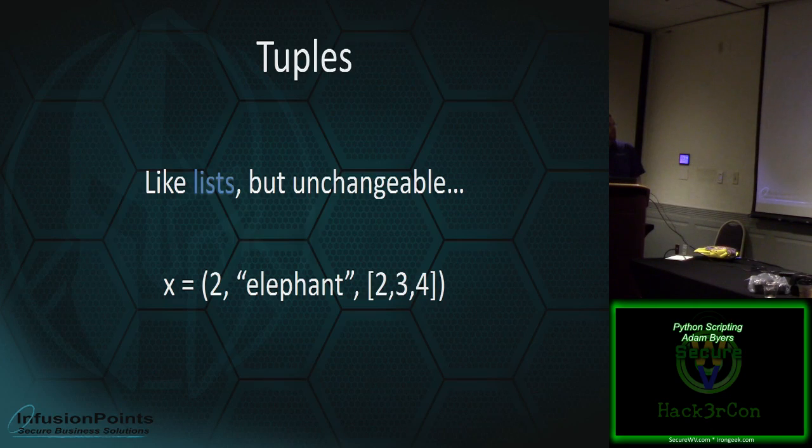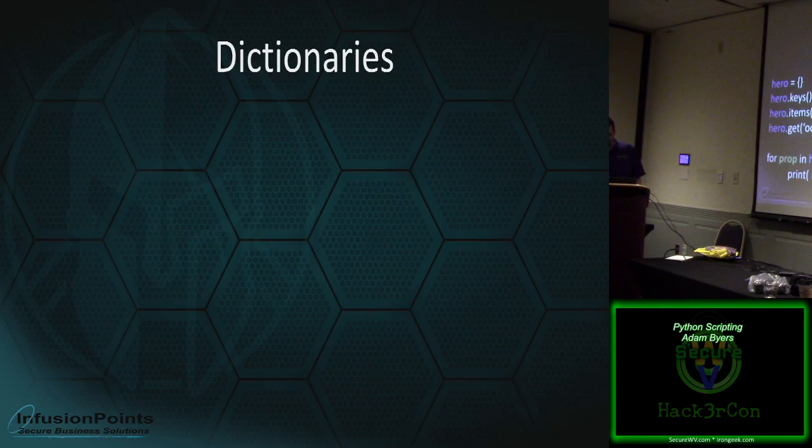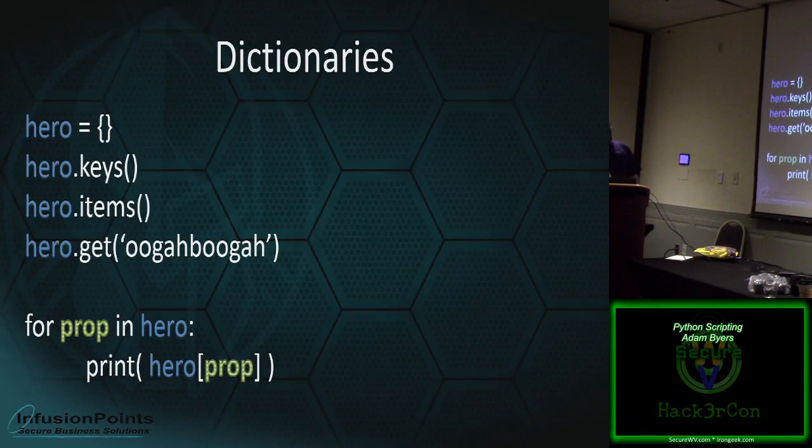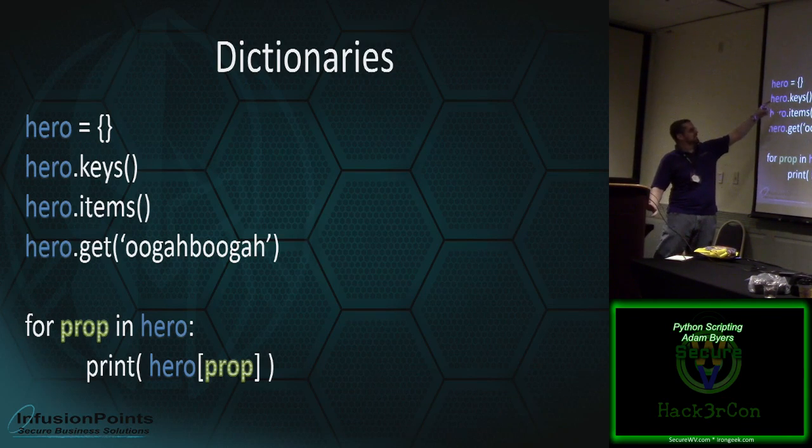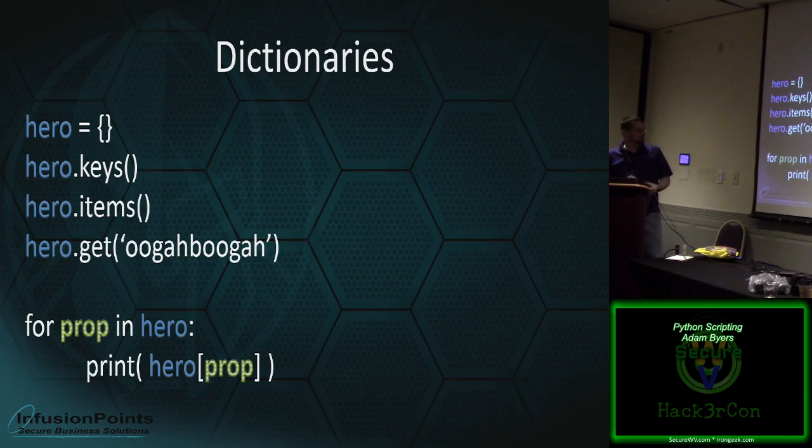So, all right, dictionaries. This is my favorite type here. Kind of cheesy, I know. But a dictionary is not very well represented up here. When you're first designing a dictionary, you've got the curly braces there. That's how you say, okay, hero is going to be a dictionary.